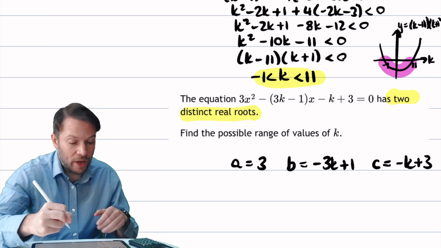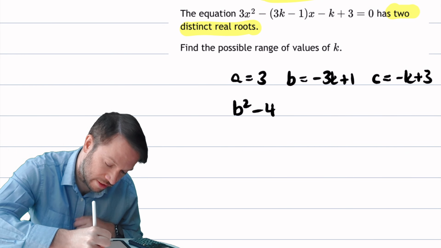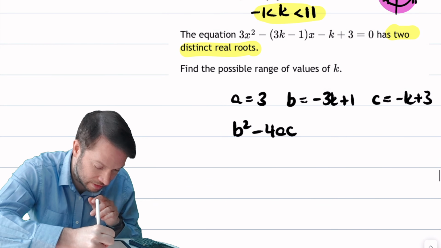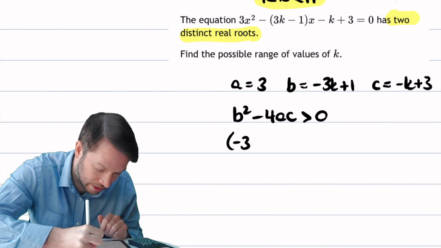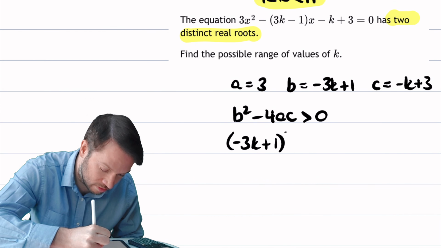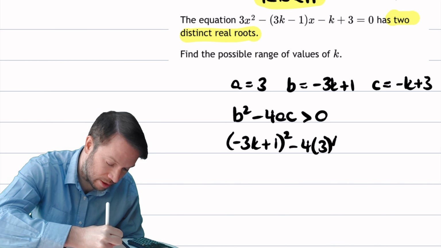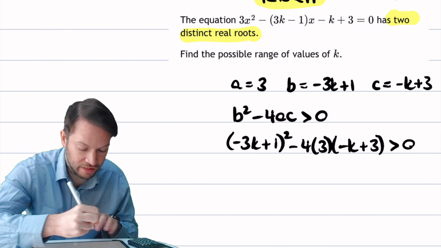So again, we're going to work out b squared minus 4ac. And we're going to say that is greater than 0 because we have distinct roots, it says. So b squared is minus 3k plus 1, all squared, minus 4 times a times c. And we're saying that is greater than 0. So let's just simplify.